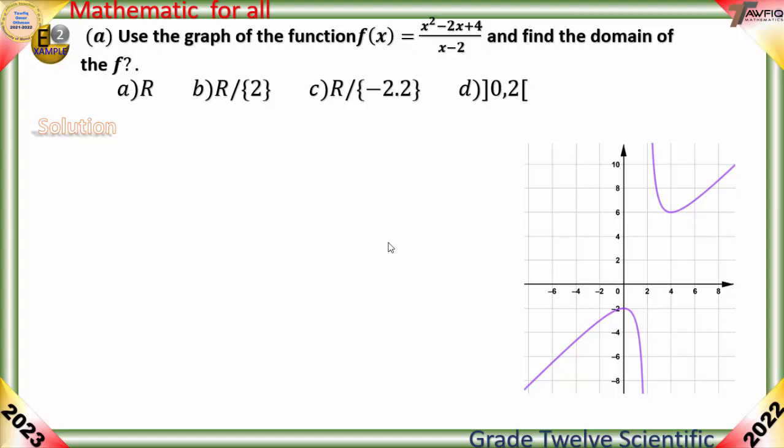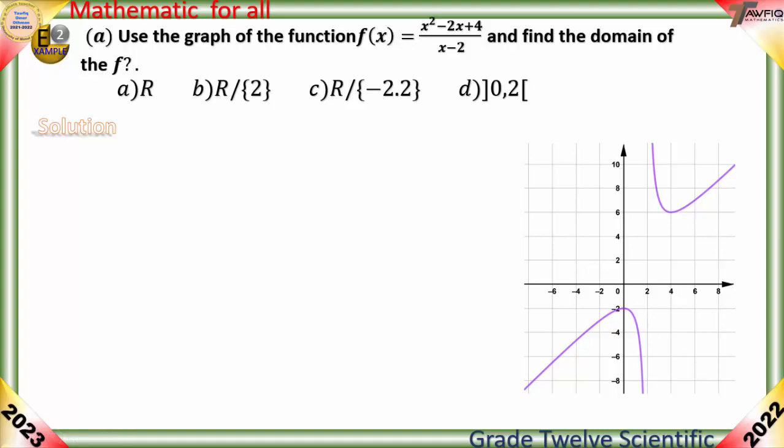Example number 2. A. Use the graph of the function f of x is equal x squared minus 2x plus 4 over x minus 2 and find the domain of the function. In the exam, it does not give you the equation of the function, but only gives you a graph of the function.